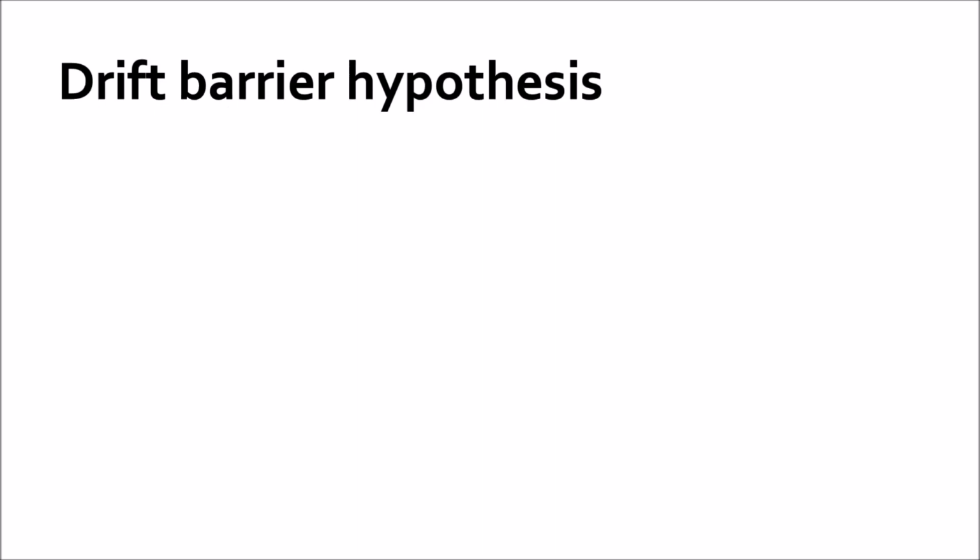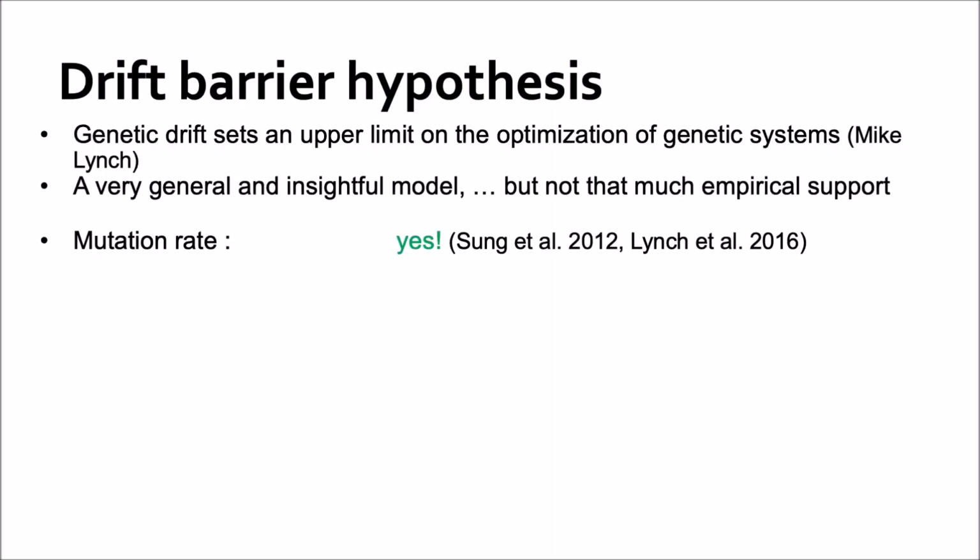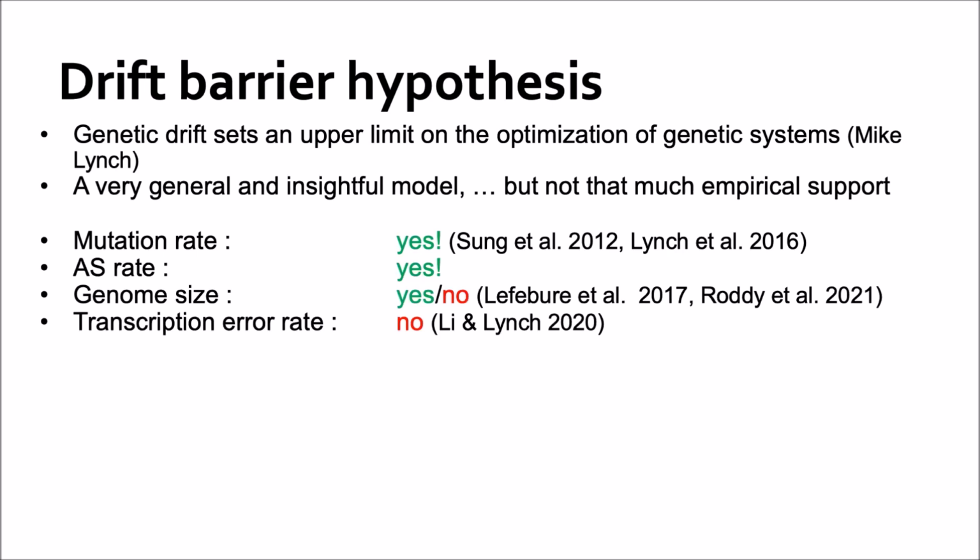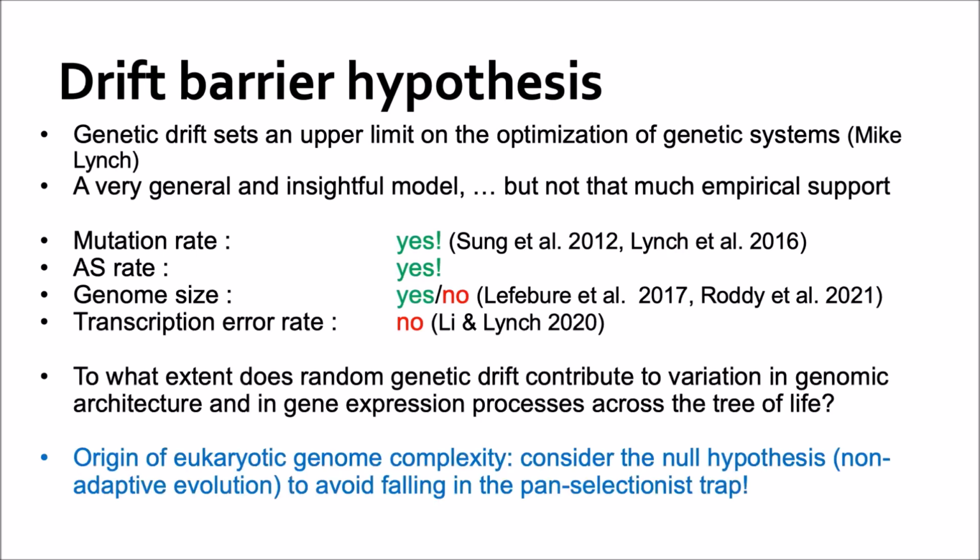And I realize that I'm a bit long, so I will just quickly go through the conclusion. The drift barrier hypothesis, I think, is a very general and insightful model, but in the end, there is not that much empirical support. There is evidence that the rate of mutation increases with decreasing NE. We show here that it's also true for the rate of alternative splicing.